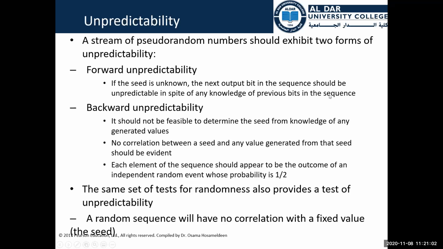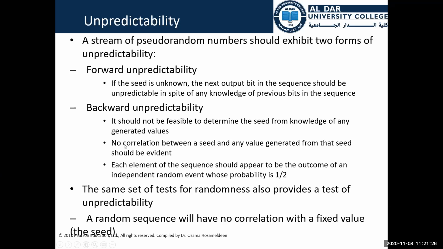If I know some bits, I cannot predict the next bits. And the opposite way around, backward unpredictability: if I have the seed and the current bit stream, I cannot predict the previous values of the bit stream.